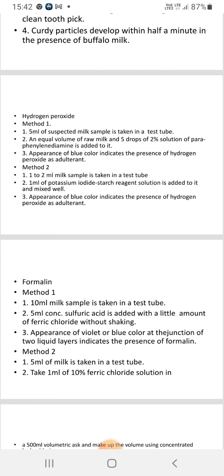The color indicates the presence of chemicals present in the milk sample as an adulterant. So friends, this is all about some of the chemical techniques used for checking the adulterants present in milk sample.